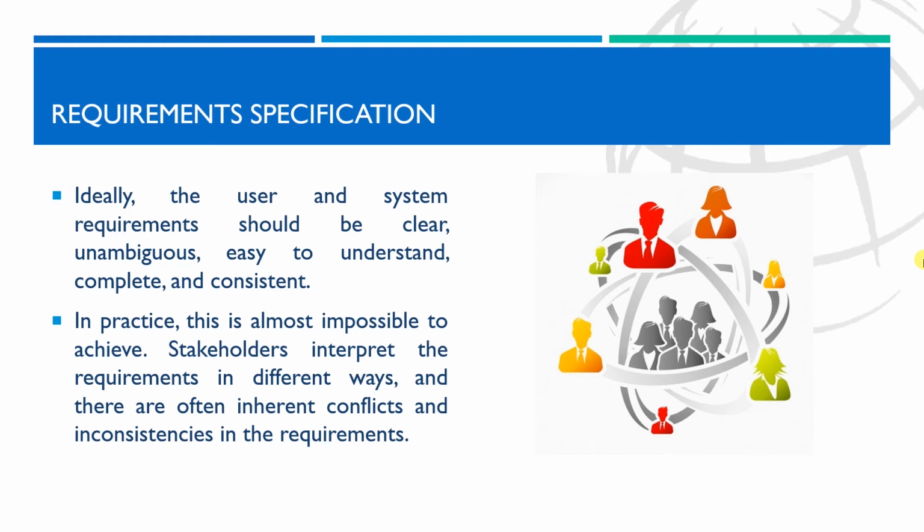The user requirements are almost always written in natural language, supplemented by appropriate diagrams and tables in the requirements document. The system requirements may also be written in natural language, but other notations based on forms, graphical system models, or mathematical system models can also be used.